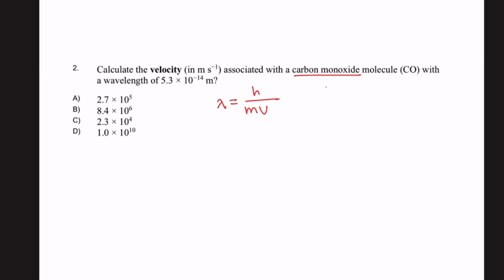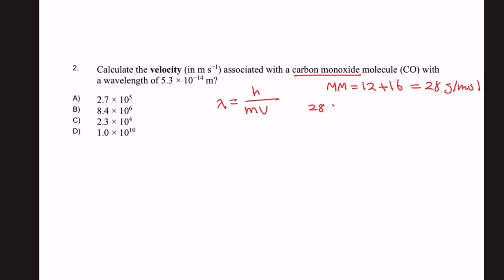So first we're going to find the molar mass of carbon monoxide. Carbon has a molar mass of 12 and oxygen 16, so this is going to be 28 grams per mole. Now it says a single carbon monoxide molecule, so we know we have to involve Avogadro's number some way.